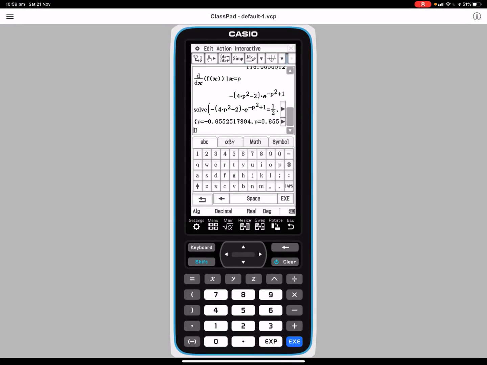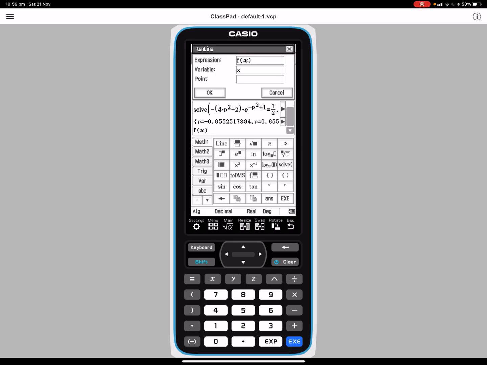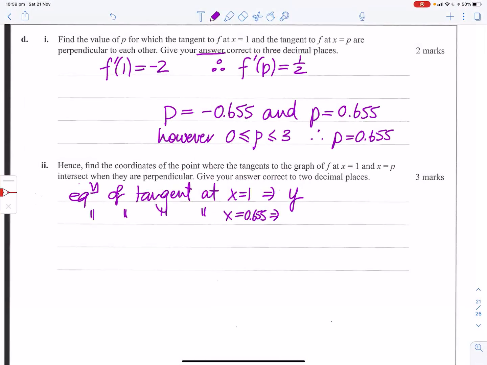Okay, so the equation of the tangent at x equals 1, we just say tan line at the point 1 is negative 2x plus a quarter.